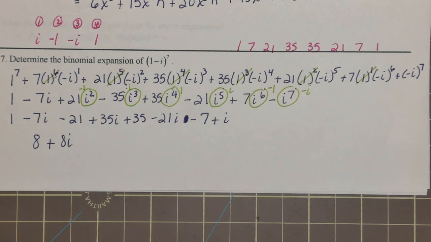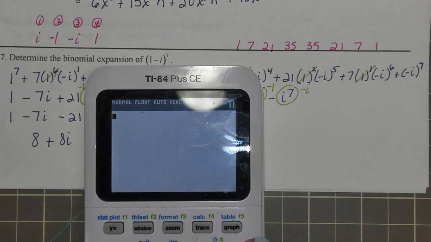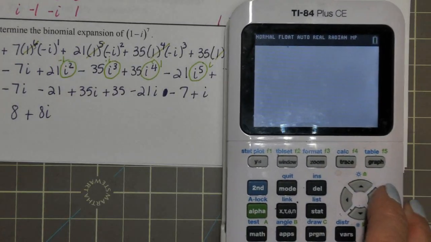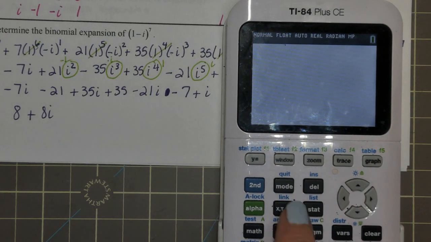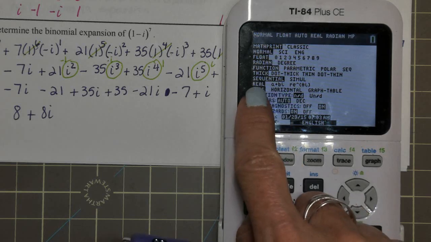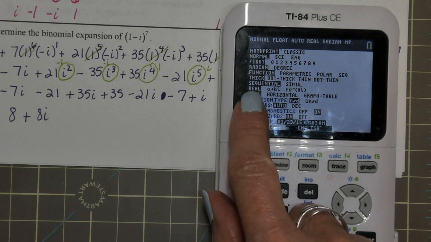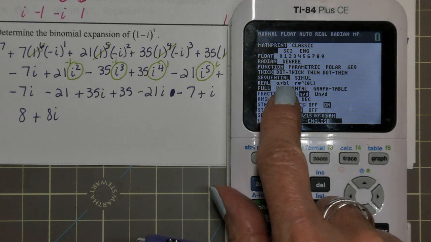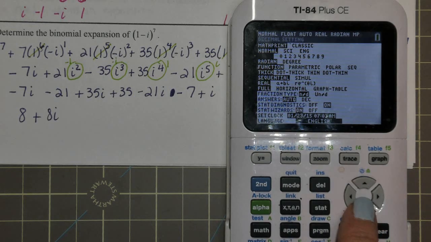Let's go to our calculators. Let me show you something on your calculator. Did you know that your calculator has a complex mode in it? If I go to mode and go down, do you see the a plus bi? Right now it defaults to real mode, of course, but you can change it to complex mode.